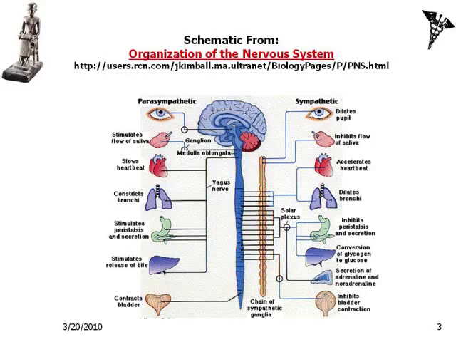The system that we are discussing is the autonomic nervous system, your automatic nervous system, your involuntary nervous system. That nervous system has two different divisions: the sympathetic subdivision and the parasympathetic subdivision.